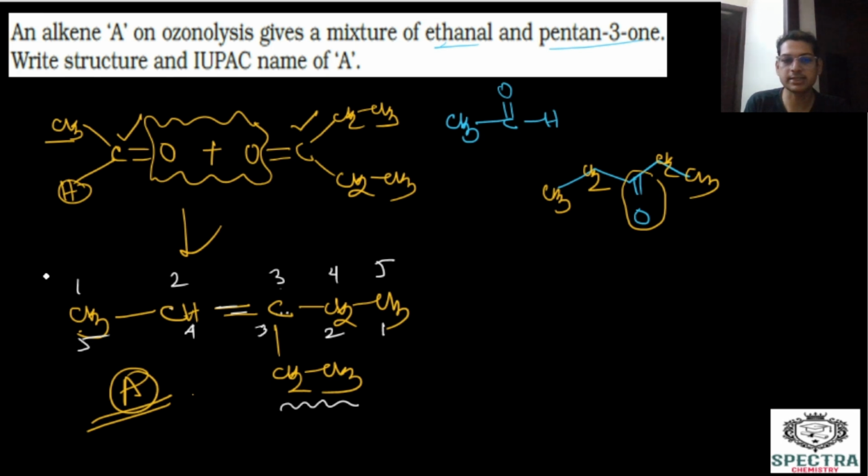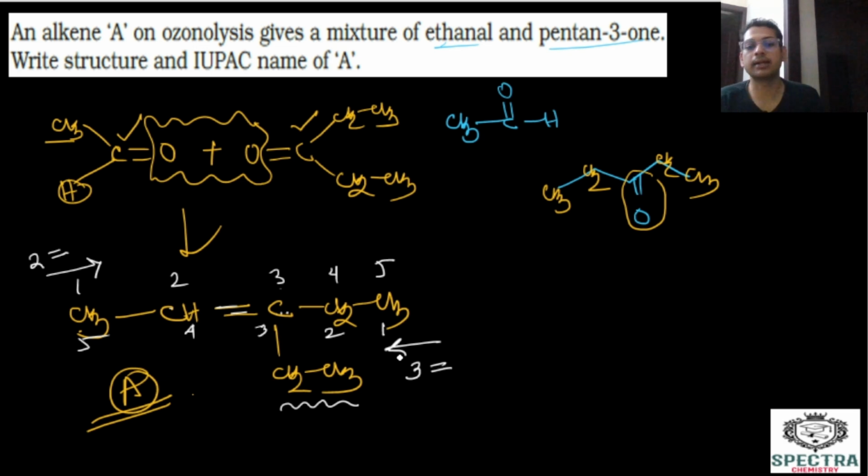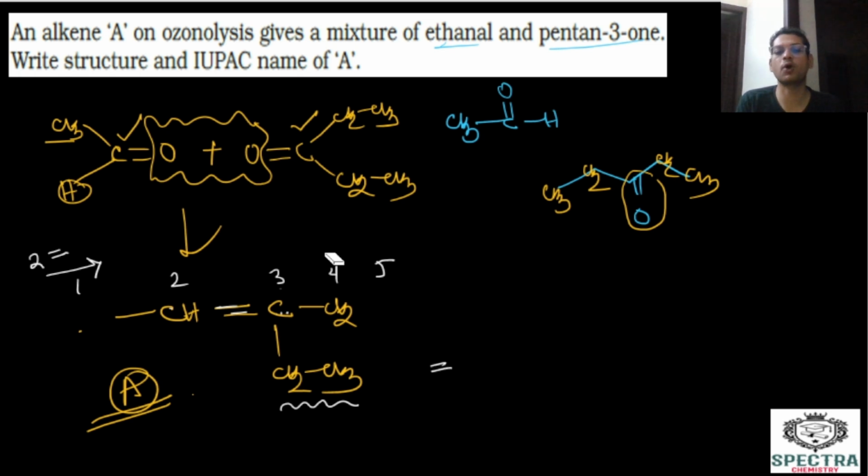You know that you have to prioritize the double bond, and the double bond should get the lowest locant number. That means this is not possible. So you have to name from the left hand side.